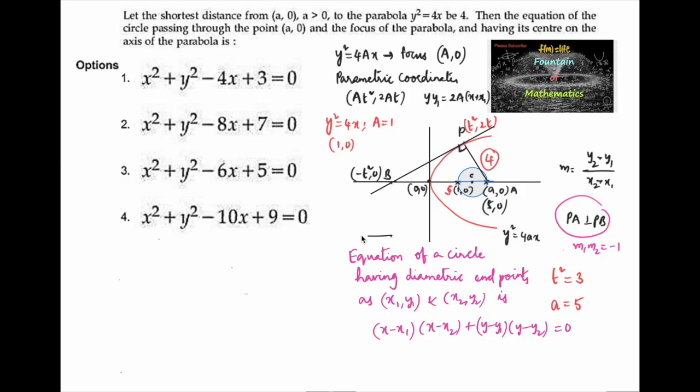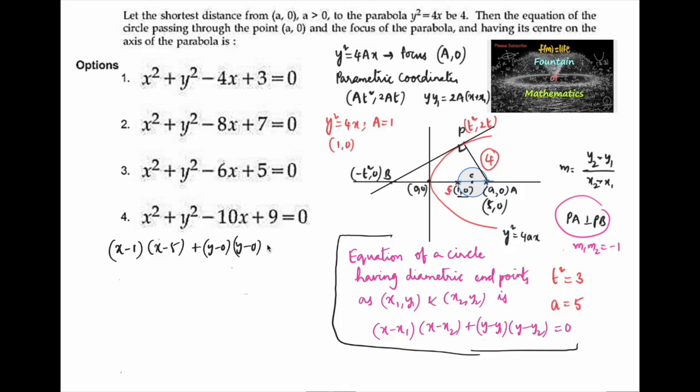We know that equation of a circle having its diametric endpoints as x1, y1 and x2, y2 is given by x minus x1 into x minus x2 plus y minus y1 into y minus y2. So here are the two diametric endpoints 1 comma 0 and a comma 0. So we can write the equation as x minus 1 into x minus a, that is x minus 5, plus y minus 0 into y minus 0, which is equal to 0.